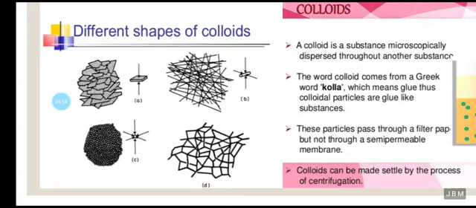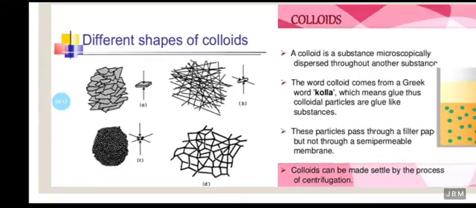Now, you know what is a semi-permeable membrane, about which you have studied in biology. You know that this is a membrane which partially allows the particles to penetrate through them. So colloid particles cannot penetrate through a semi-permeable membrane. These particles can be made to settle by the process of centrifugation.